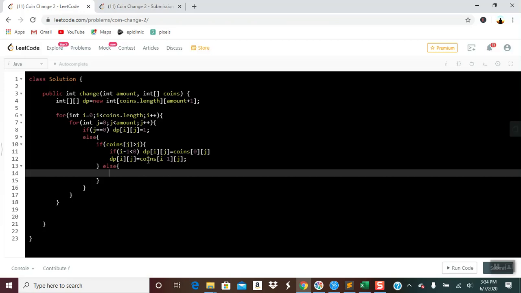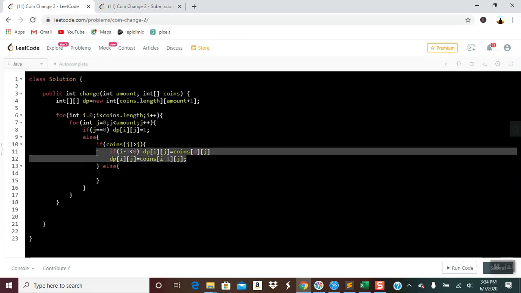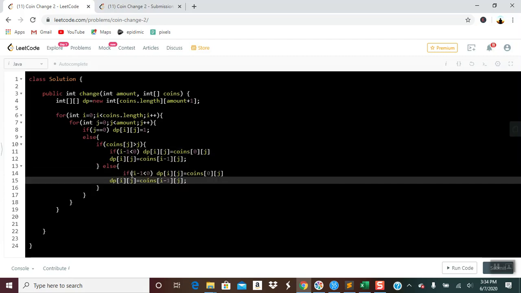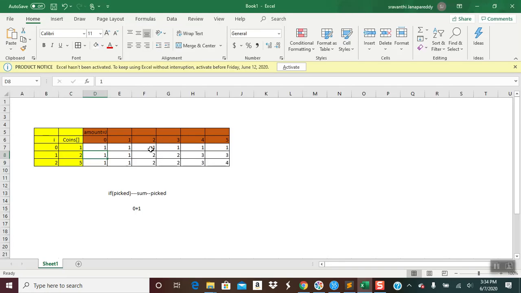So let's take the same thing, control C. What we have to do, this value plus picked value, right? Pick when it is picked, when it is not picked. When it is picked, you have to minus it from this value and store it, and when it is not picked, then you take the previous value.